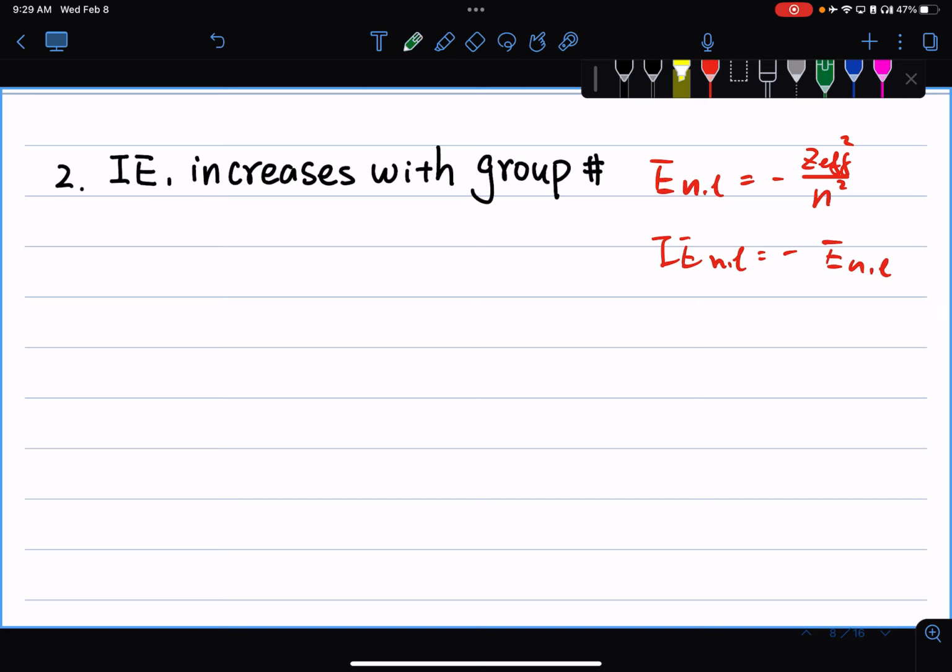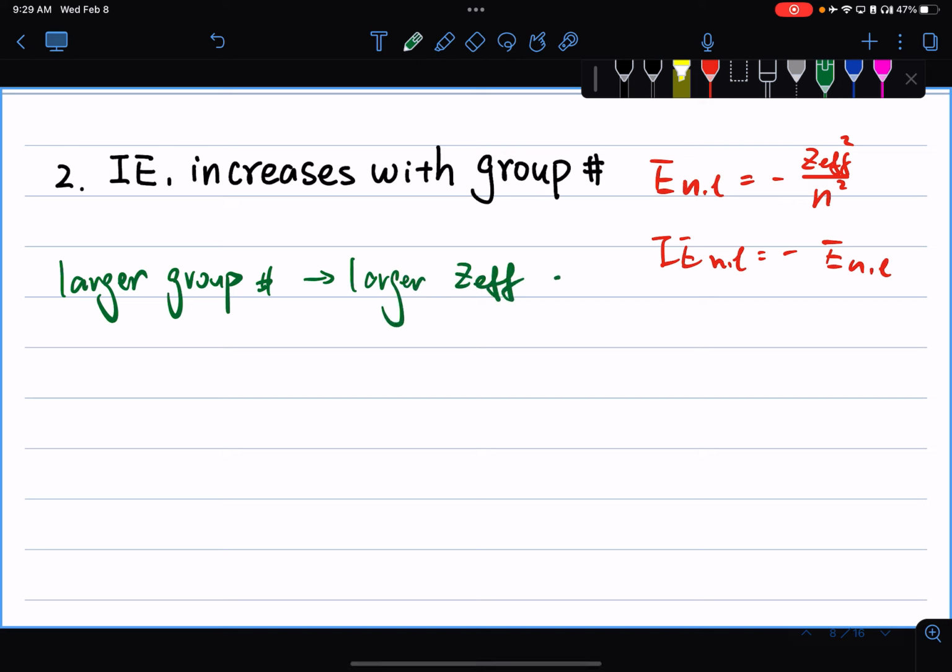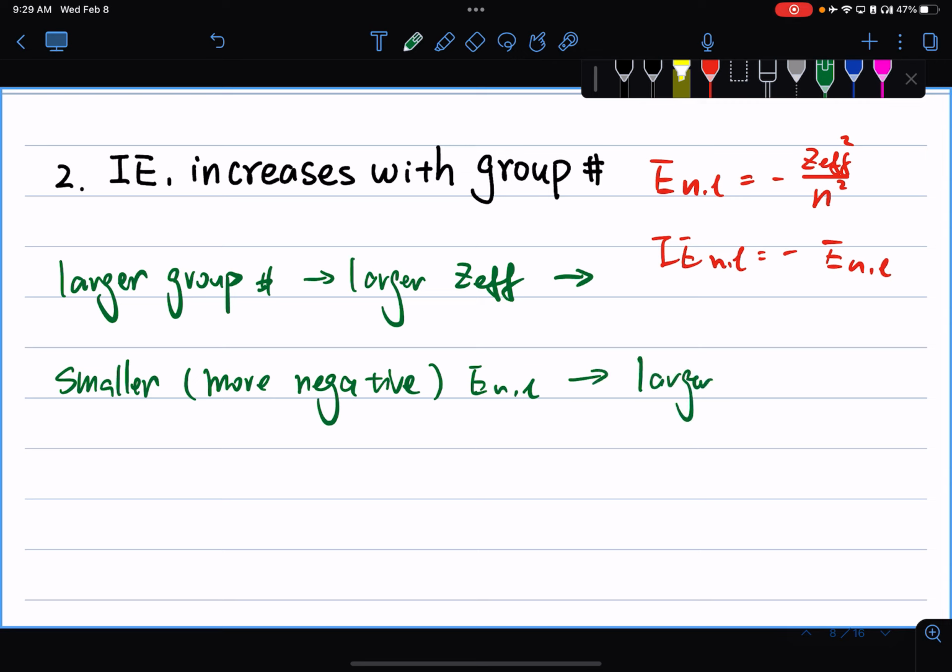So in this case, we know that larger group number will give you larger effective core potential, which leads to smaller or more negative energy, which corresponds to larger ionization energy.